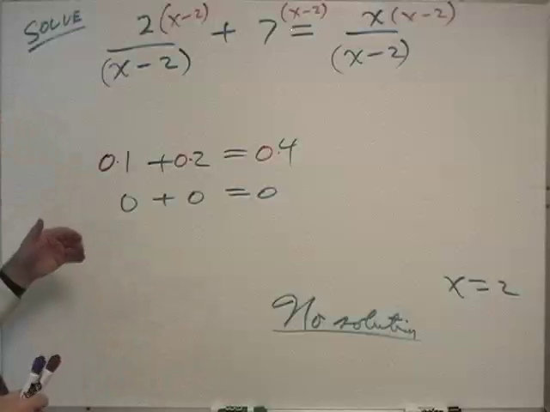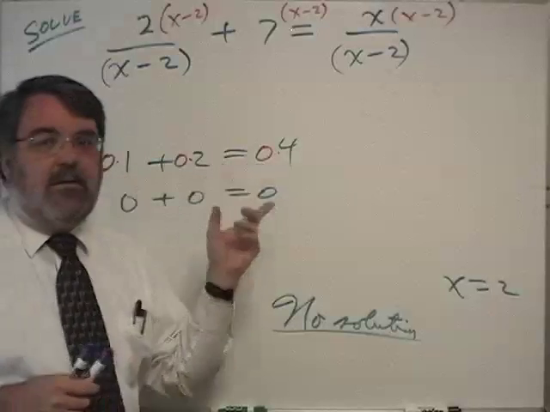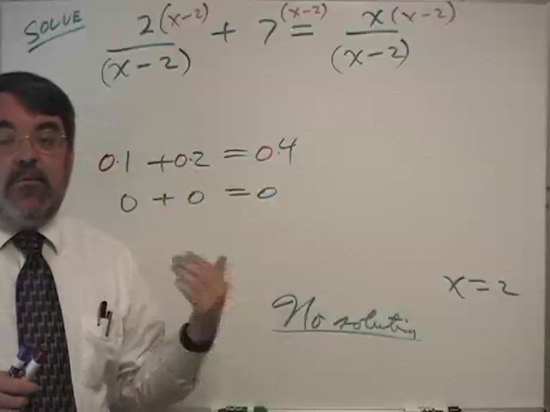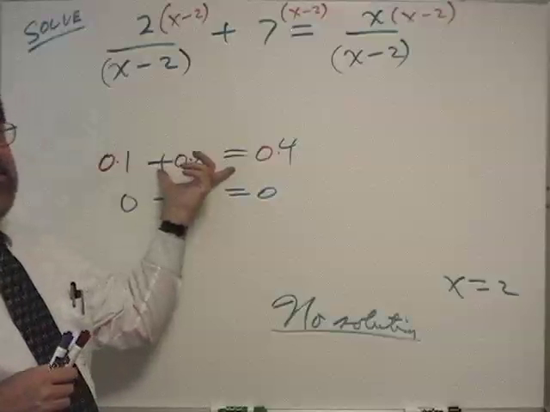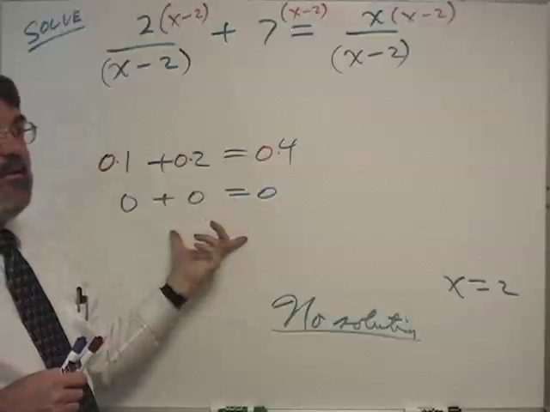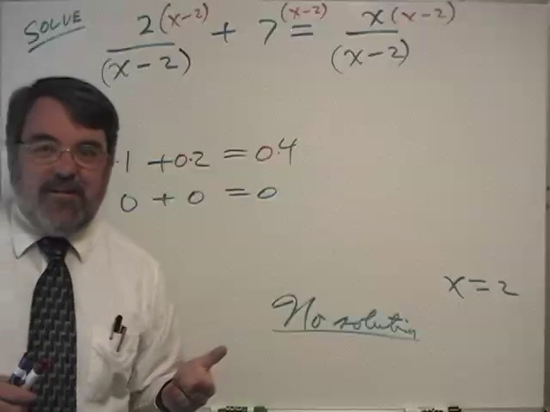So when you multiply an equation by 0, you run the risk of turning a false situation into a true situation. And that's exactly what happened here.